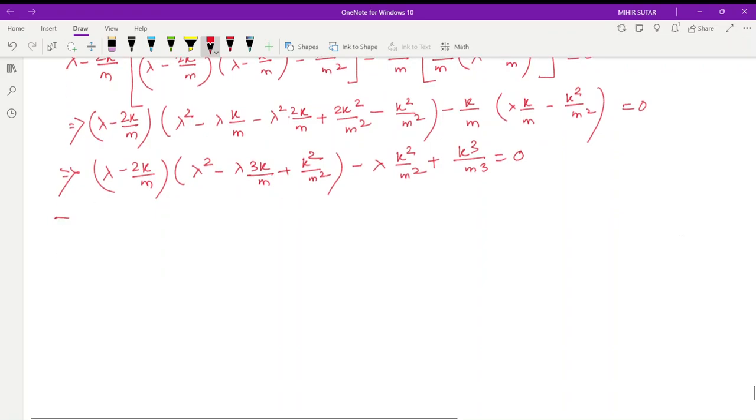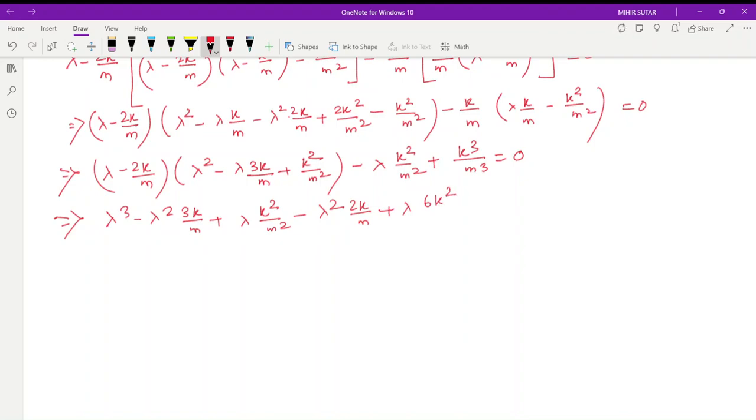Upon further simplification, we will have lambda cube minus lambda square 3k by m plus lambda k square by m square minus lambda square 2k by m plus lambda 6k square by m square minus 2k cube by m cube, minus lambda k square by m square plus k cube by m cube is equal to 0.